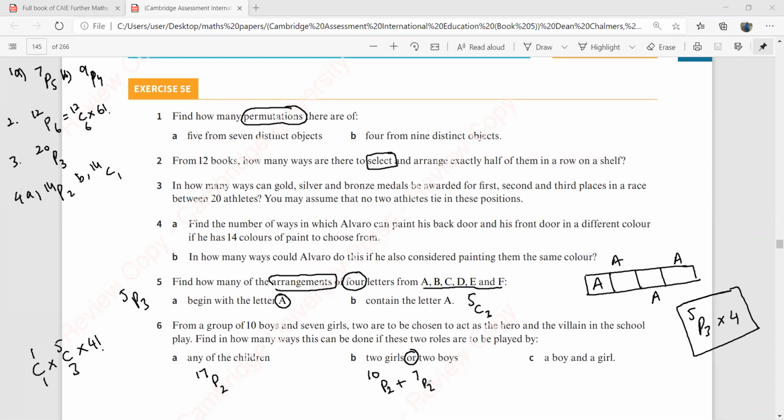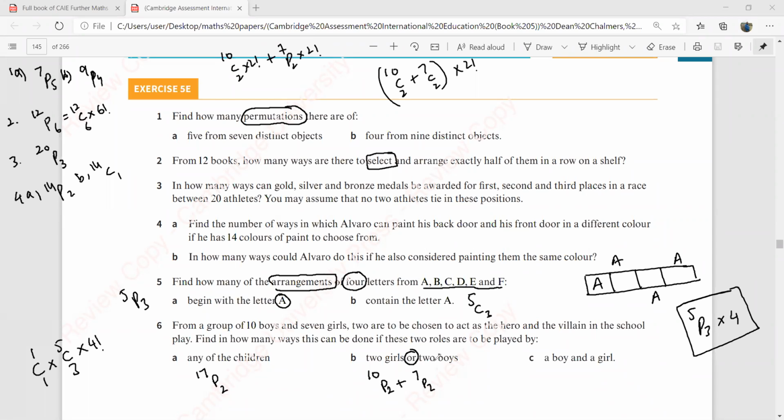Or if you want to use the C, then this would be 10C2 plus 7C2, times 2 factorial. You will have to keep all of them in the brackets. Or you can also write it like this: 10C2 times 2 factorial plus 7C2 times 2 factorial. So any one of them would work for you.